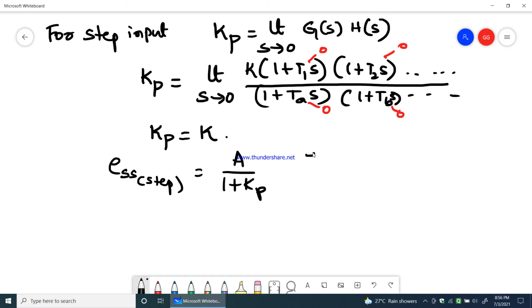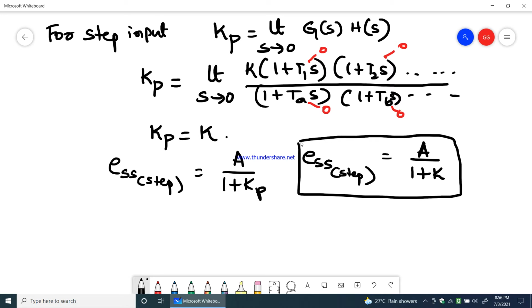Therefore, the steady state error for a step input would be equal to A by 1 plus K. So this is the steady state error for the step input when a type 0 system is considered.